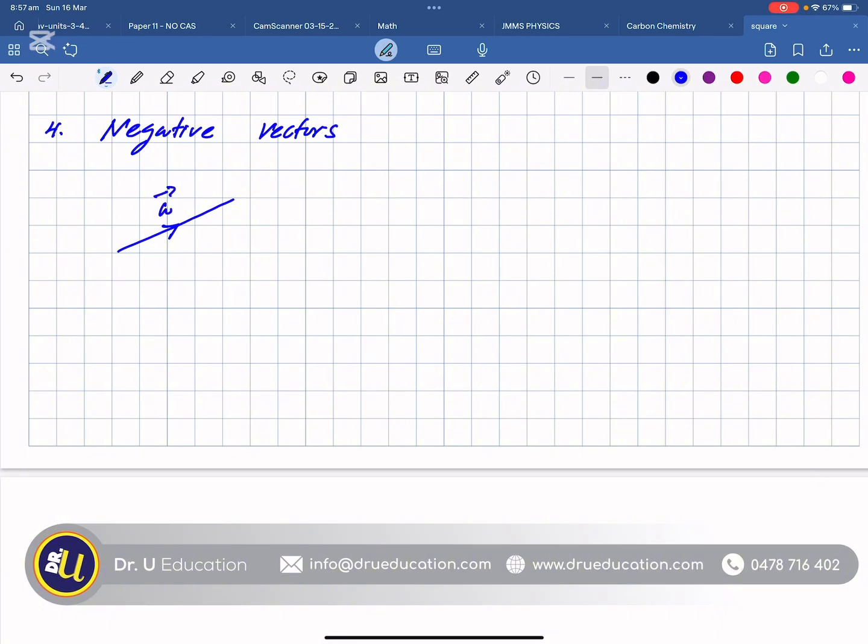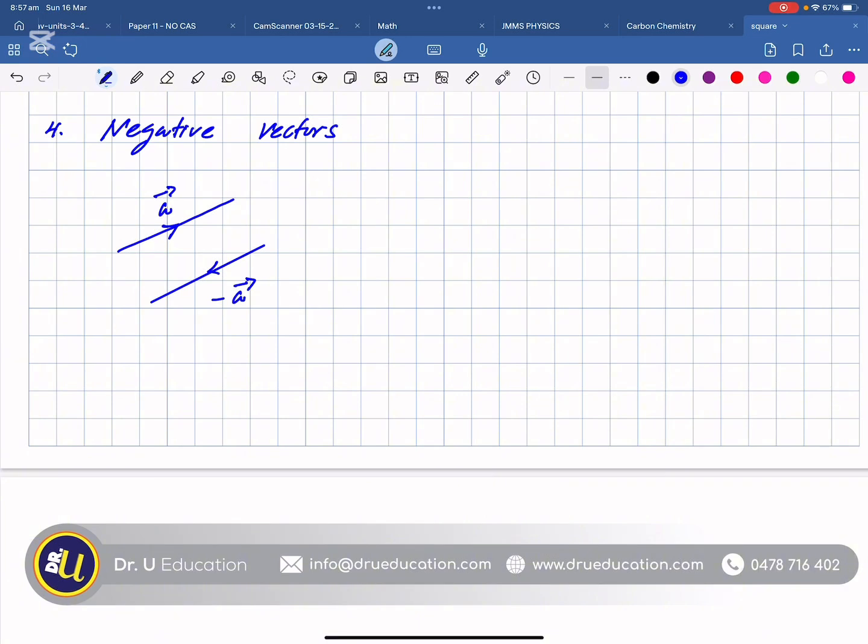If you want to change the direction, that means same vector, you want to change the direction to the other way, that's going to be negative. That's it. So now vector subtraction means you are introducing a negative vector. You are changing the direction.